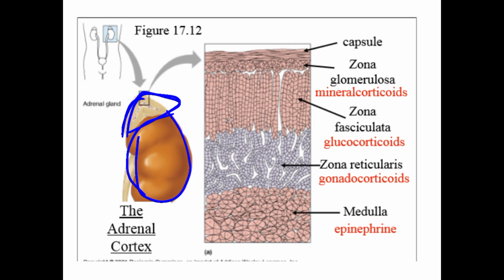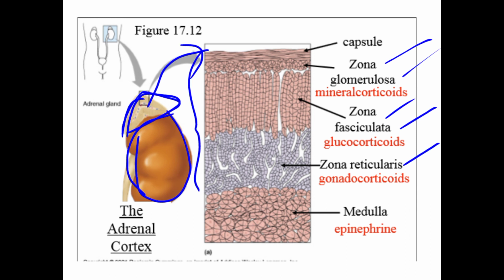When you see the cross section of this suprarenal or adrenal gland, we can see three layers. The outermost layer is the zona glomerulosa, then the zona fasciculata and the zona reticularis. That is the cortex, and this is the medulla.